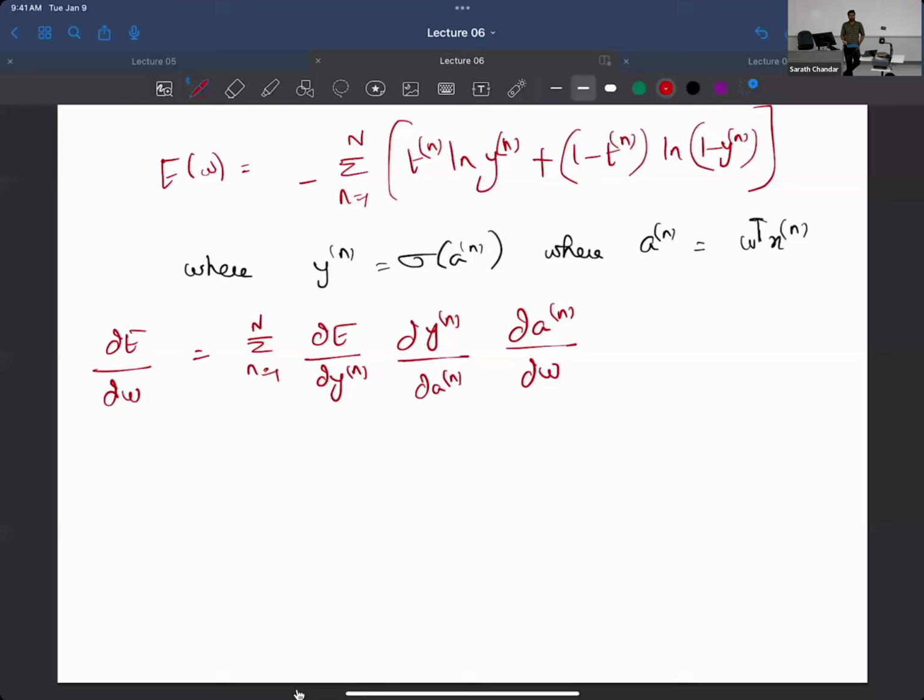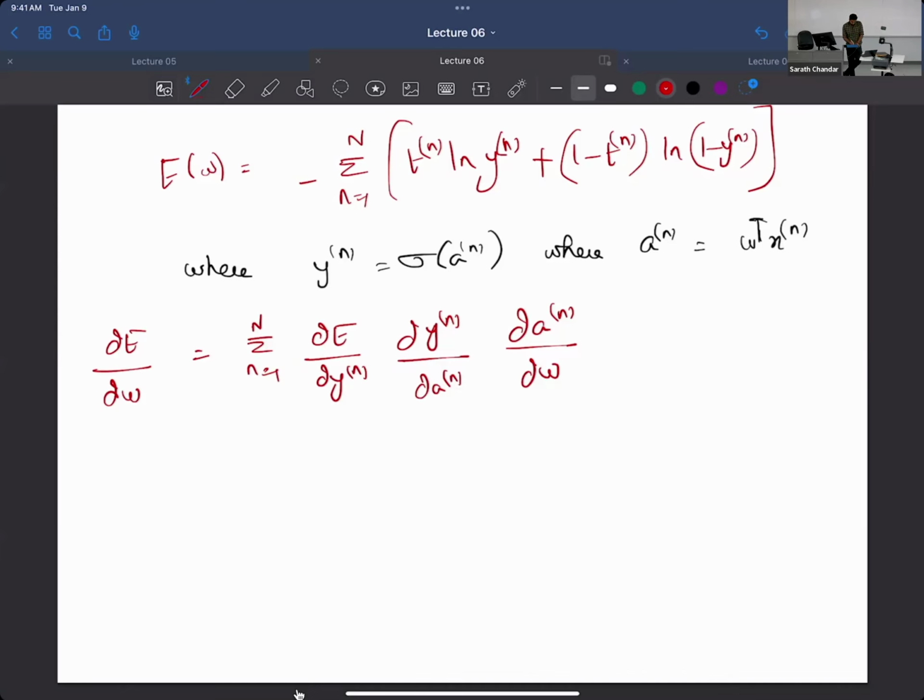We will not have simple enough functions to differentiate. Once you have more complex functions, where it is a function of another function, then you have to apply the chain rule. Now we need to compute these three terms: dou E by dou Yn, dou Yn by dou An, and dou An by dou W. Individually, they are all simple functions to compute.